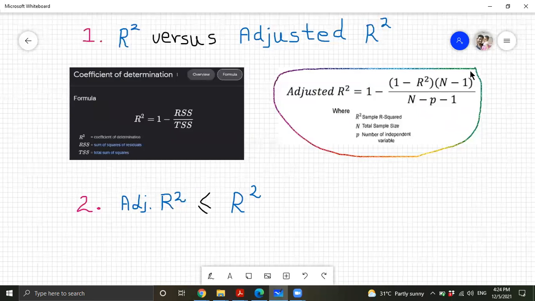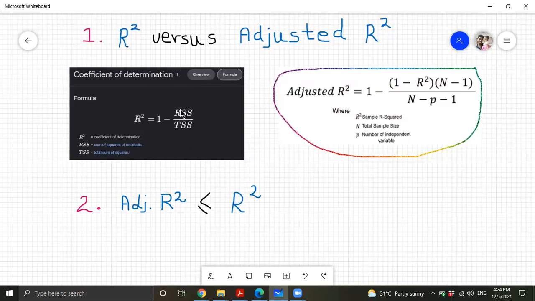Before getting started with the proof, if you haven't watched the R-squared and adjusted R-squared videos, please go there and get a full idea of what R-squared and adjusted R-squared are, so that will be helpful for your machine learning work.